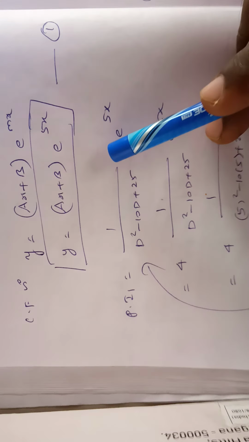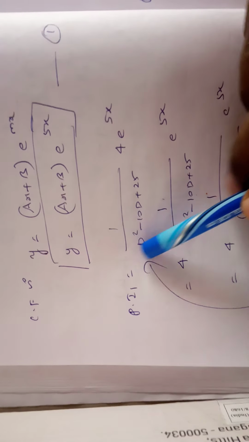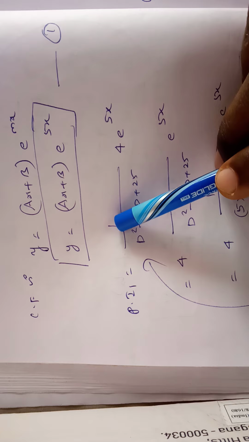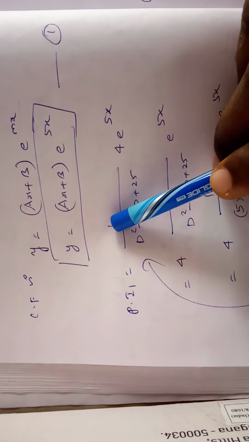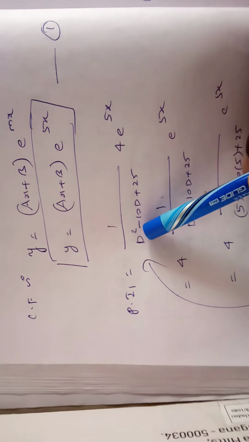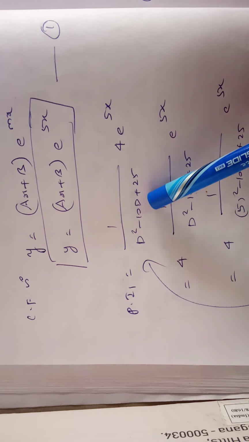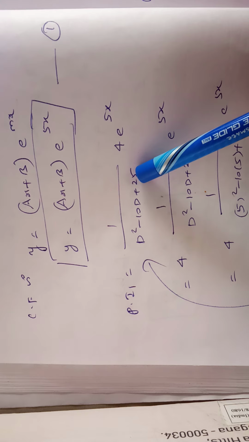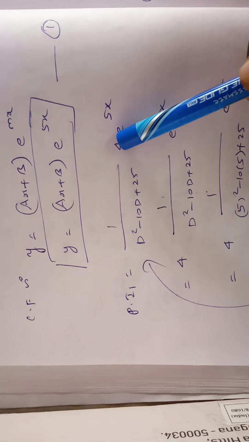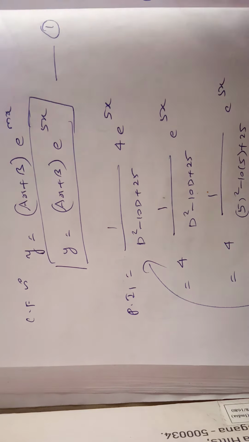This function can be differentiated with respect to D. So we have to introduce x divided by the differentiation with respect to D, which means 2D − 10. This one becomes 0.